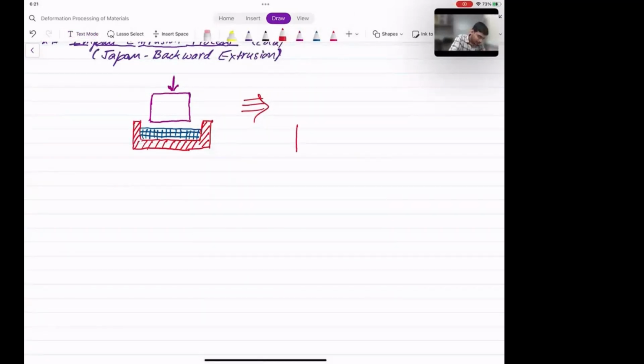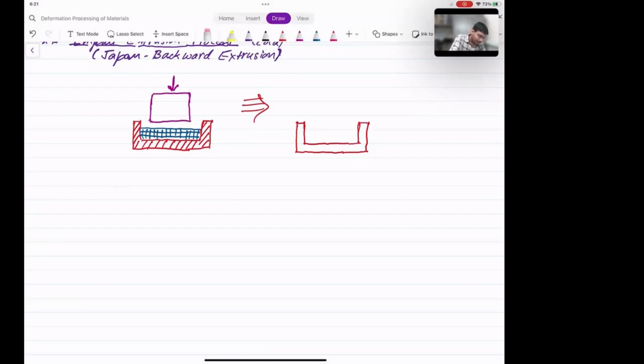This was the die. The billet gets converted into the desired product.